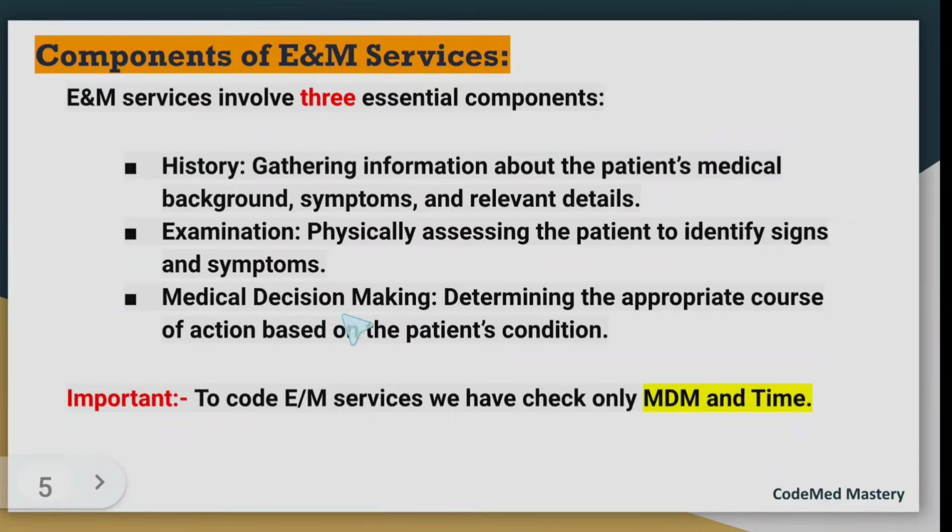And next is medical decision making, that is determining the appropriate course of action based on the patient's condition. These are the three essential components of E&M. But to code for E&M services, we have to check only MDM and time. Please write this. You can take note or you can write in your CPT book, that is, to code E&M services, we have to check only MDM and time.